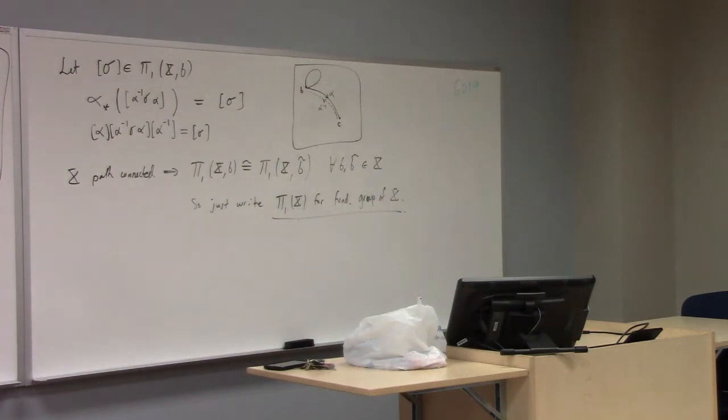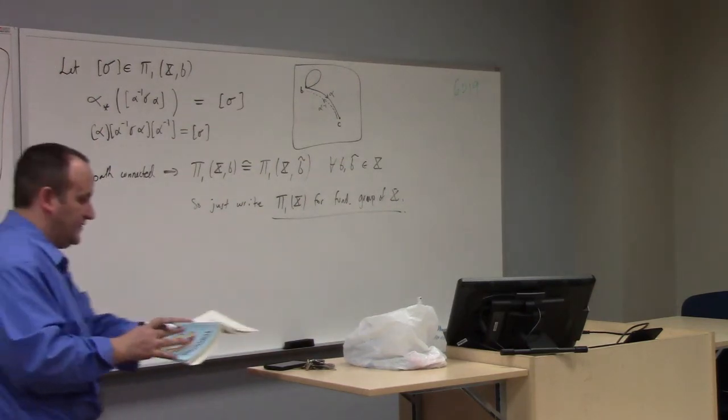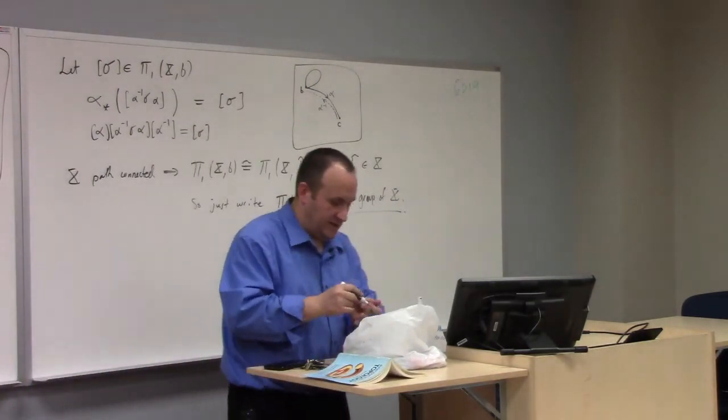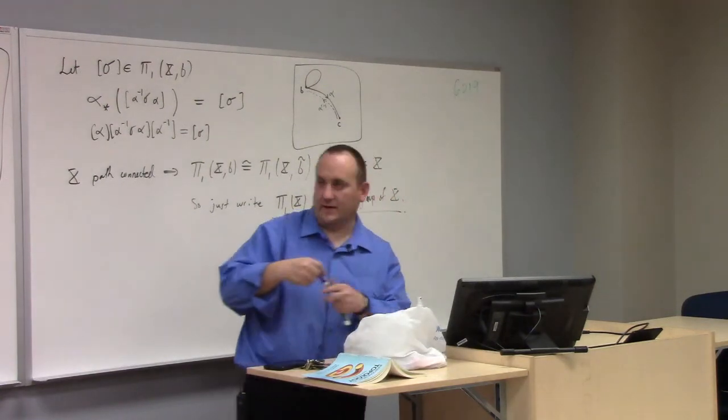Now, he says a space X is simply connected if it's path connected and pi 1 of X is trivial. So that gives us, again, a careful definition of simply connected, which I hurried through at the end of last class, but I'll write it again here.